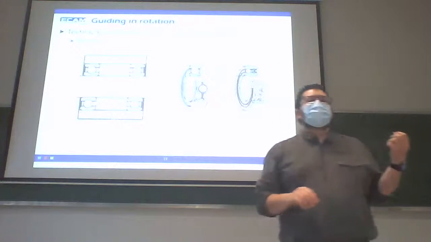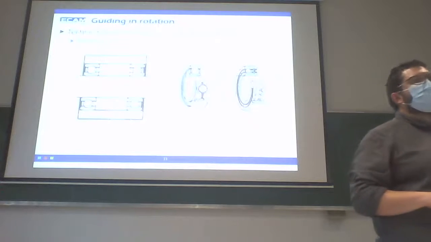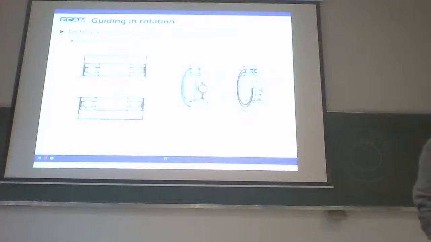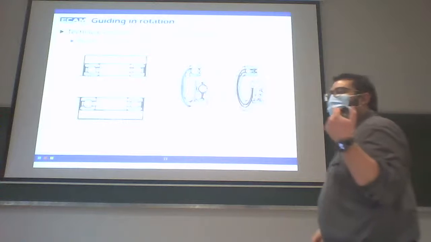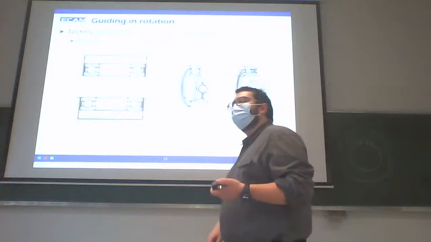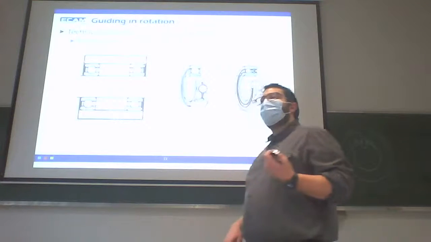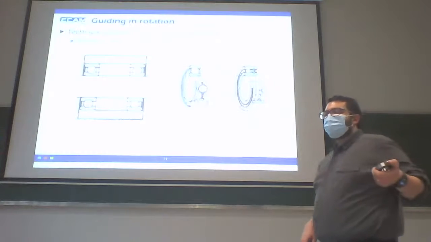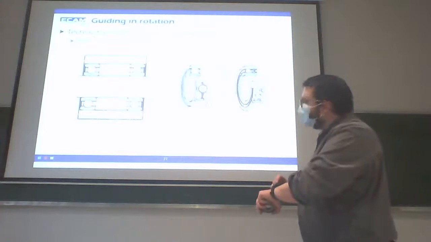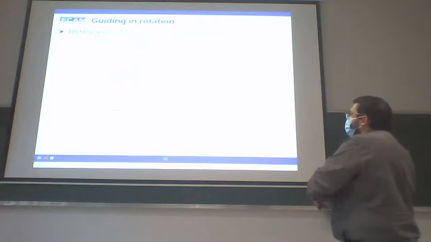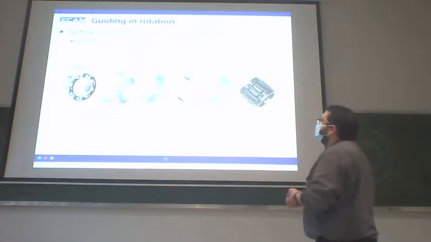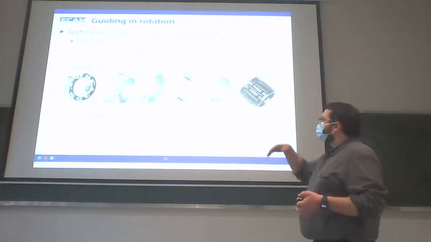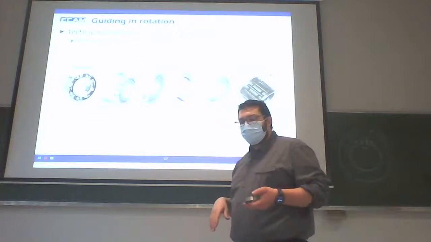I have a very important number of solutions with rolling element bearings. We can find ball bearings for all the different uses. The most common one is the ball bearing.